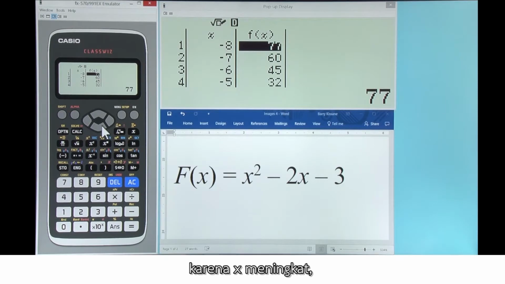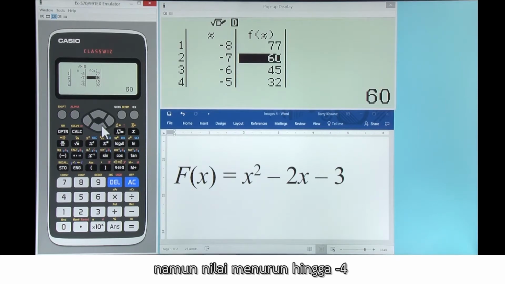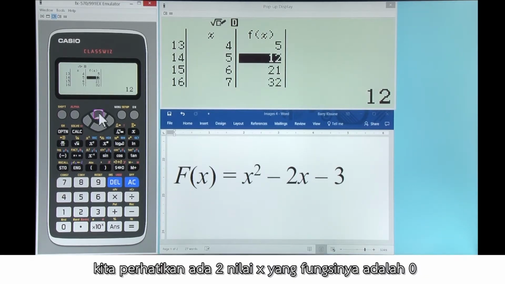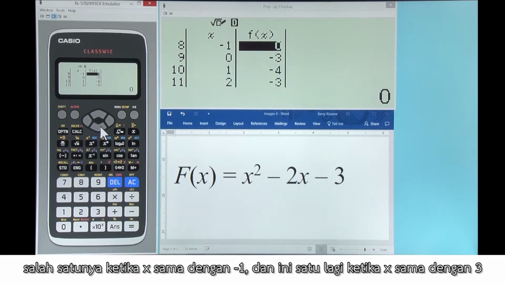As x increases, the value decreases right down to negative 4 down here, and then it seems to increase again. So it's very different from a linear function. And we notice along the way there are two values of x for which the function is actually 0. One of them when x is negative 1, and here's another one when x is equal to 3.